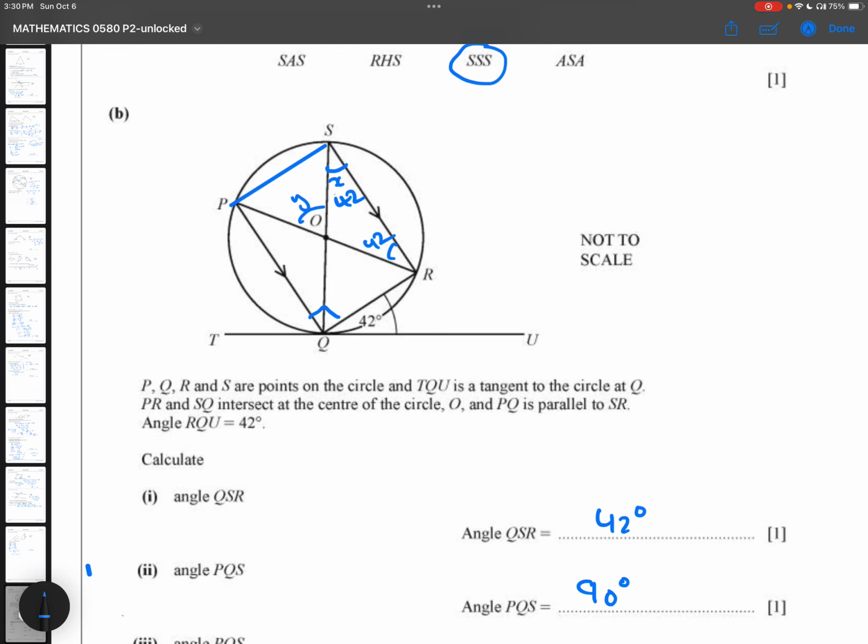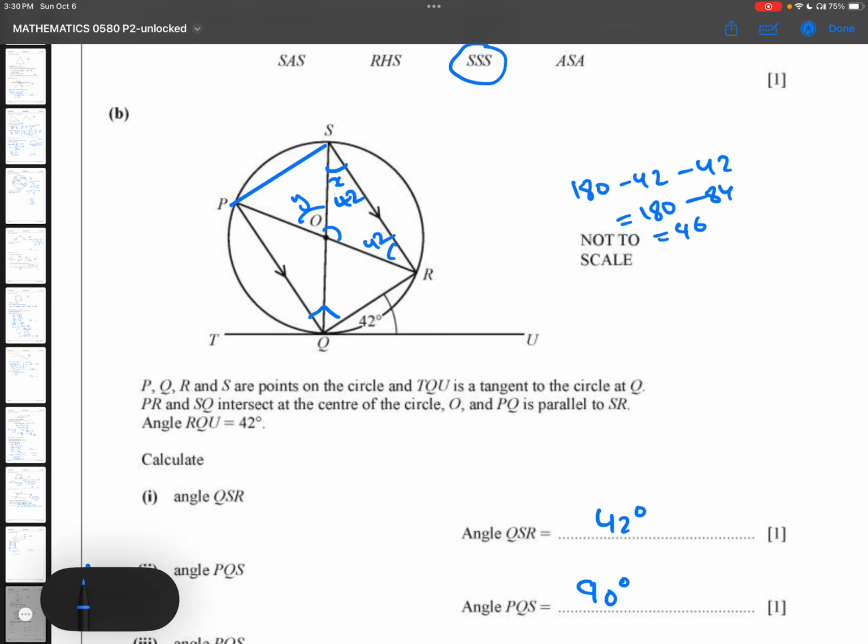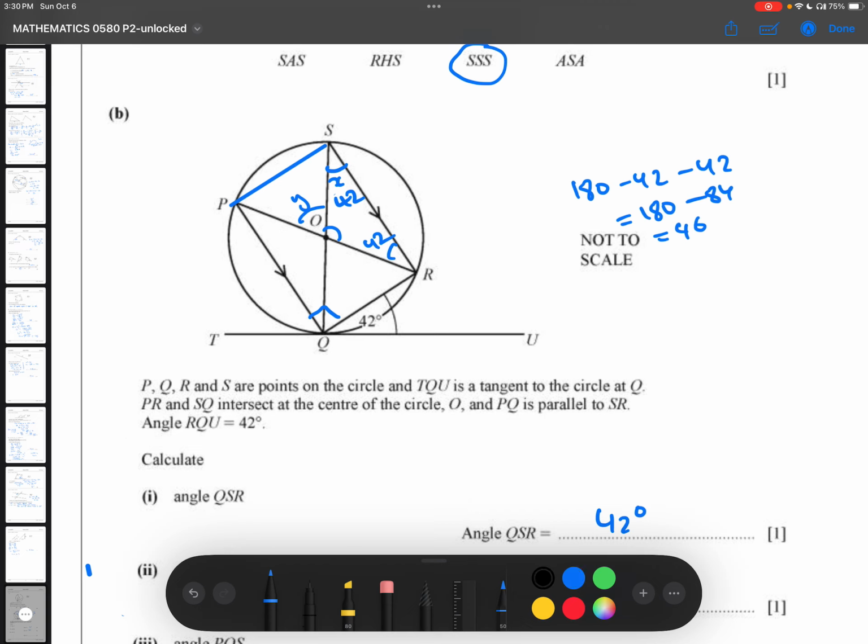Because OS and OR are radii of the circle, and in triangle OSR, which is an isosceles triangle, the angles opposite the equal sides are equal. So through this I can calculate this angle, right? In order to get this angle, I will have to subtract these 42 and 42 from 180. 180 minus 84 is equal to 96. This angle is equal to 96.